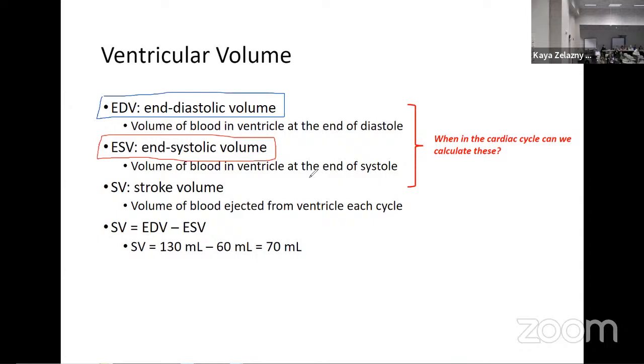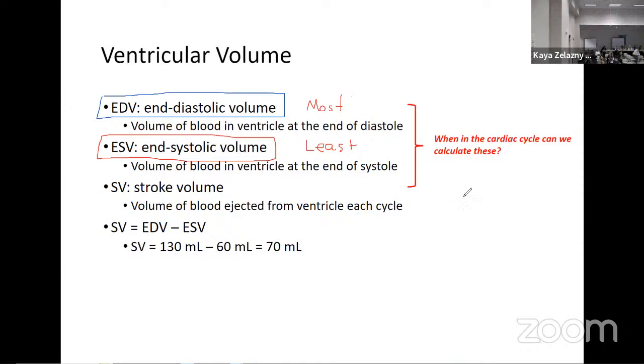Now, the reason we care about these two things is we care how much blood got out to our body, right? Like we care how much blood our organs got. So if we have the most blood at the end of diastole, the end of that filling, at the end of that relaxation, and then we have the least blood after we squeeze blood out, the blood that we lost, that difference, went out to our body.